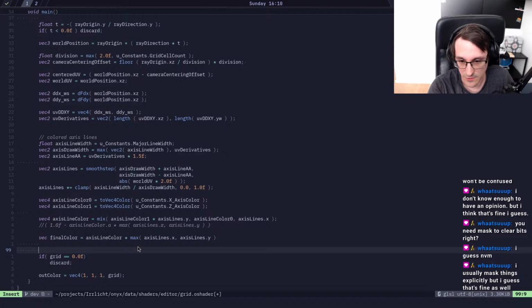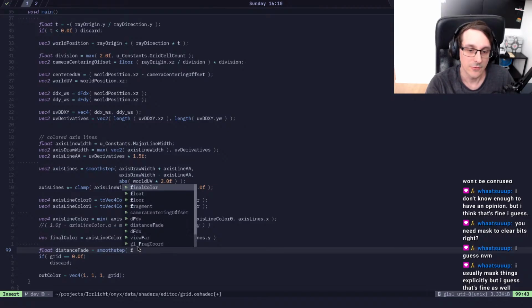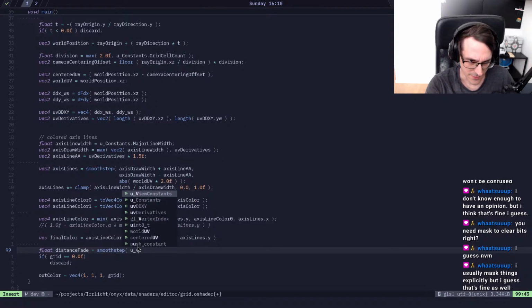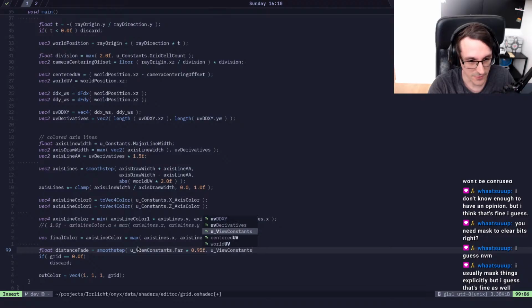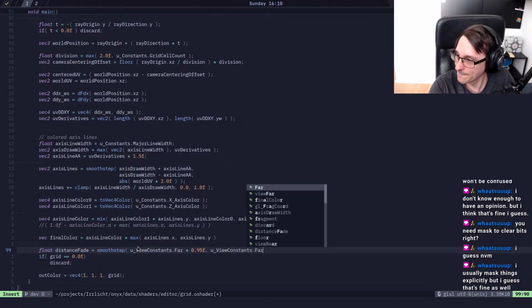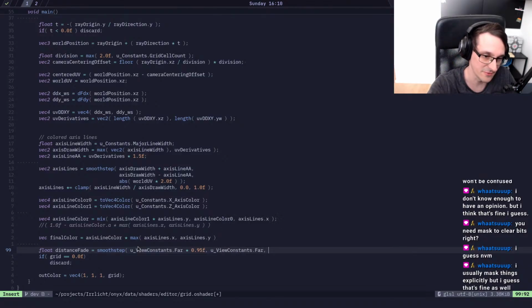And then we do a distance fog again, so float fog, or like distance fade. Here's a smooth step between, let's do our view constants, or let's do like 90% of that, or like 95% of that, and then our view constant bar. So basically in the last 5% of our view distance, the fog applies.